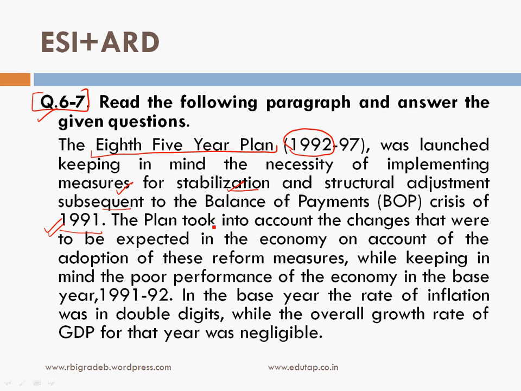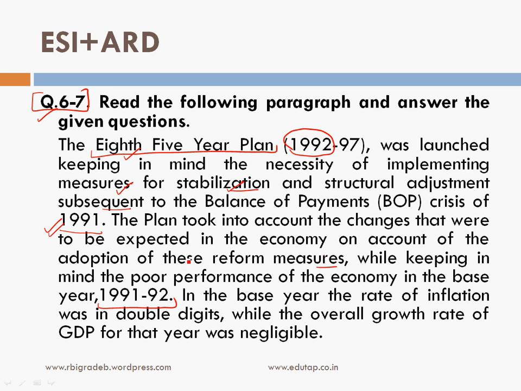Right. The plan took into account the changes that were to be expected in the economy on account of the adoption of these reform measures. What reform measures? The stabilization and structural adjustment measures, while keeping in mind the poor performance of the economy in the base year 1991-1992. Right. So the 8th 5-year plan had to account for the changes that were to take place in the economy because of the measures for stabilization and structural adjustment.